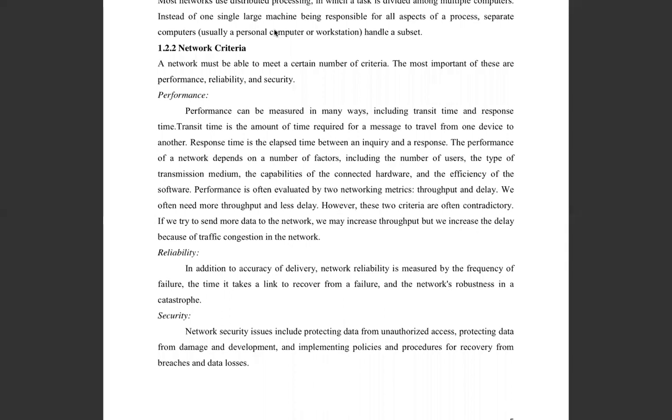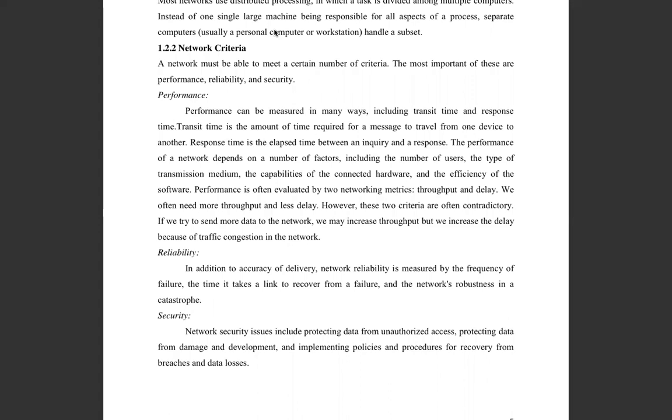The next one is the type of transmission medium. Is it using the wireless one, the signal, or using the twisted cable or the other cables? The medium is also a factor in measuring the performance of a network.